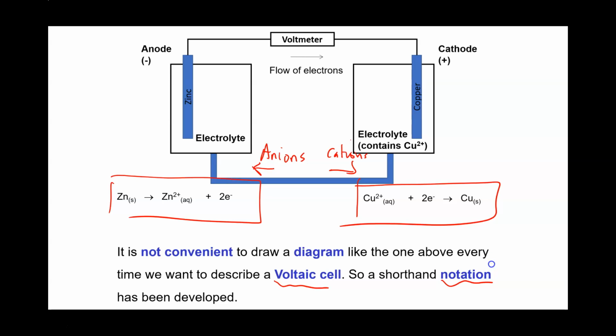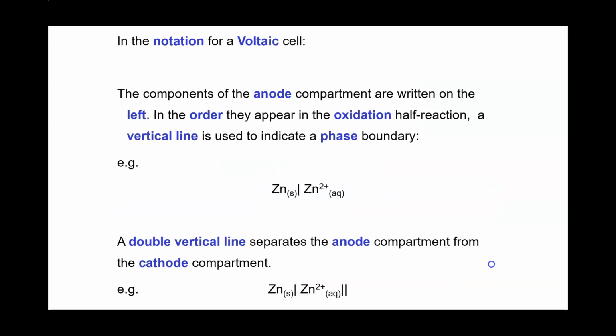In cell notation, we write the anode on the left and then the cathode on the right, just like we do in our diagram, but we use symbolism to indicate the reactions that are occurring. So I'll show you what that looks like now. In the notation for a voltaic cell, we write the components of the anode compartment on the left in the order that they appear in the oxidation half reaction.